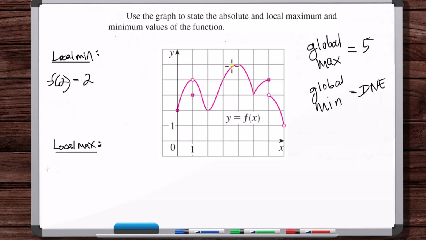Local max at f of 4 is equal to 5. All right, now here's another local value. This is a local min at f of 5 is equal to 3.